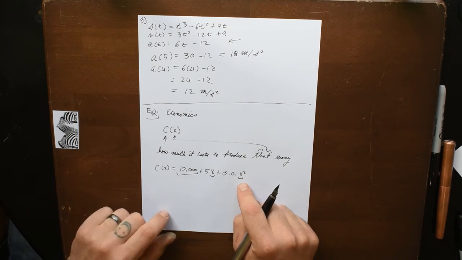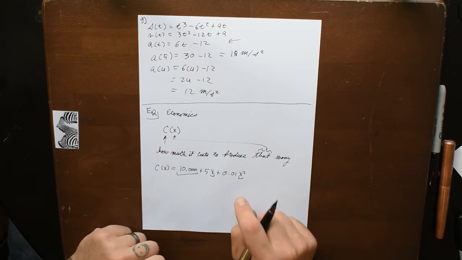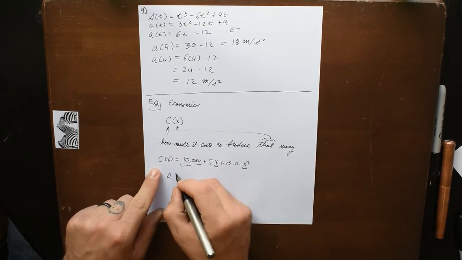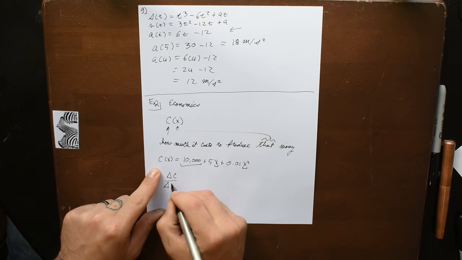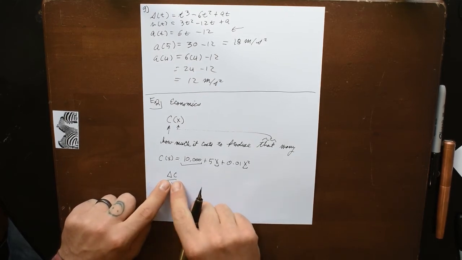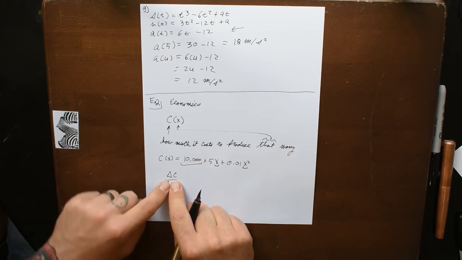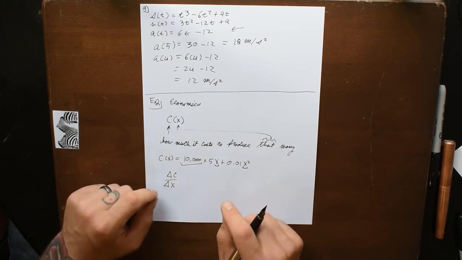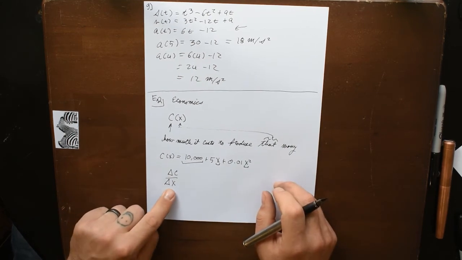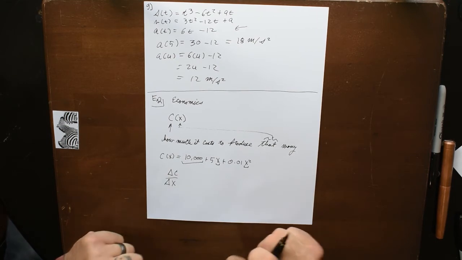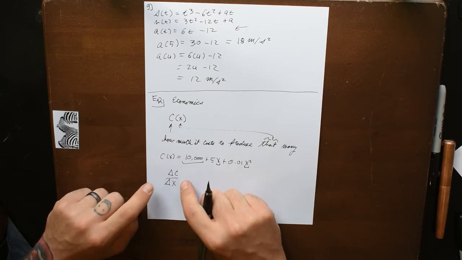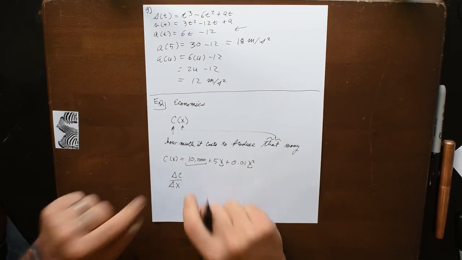So what businesses are also concerned with is the change in the cost per item. They want to know how much the cost of production is changing with respect to the number of items produced.